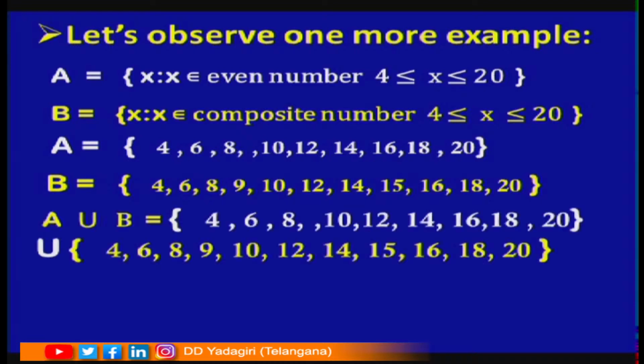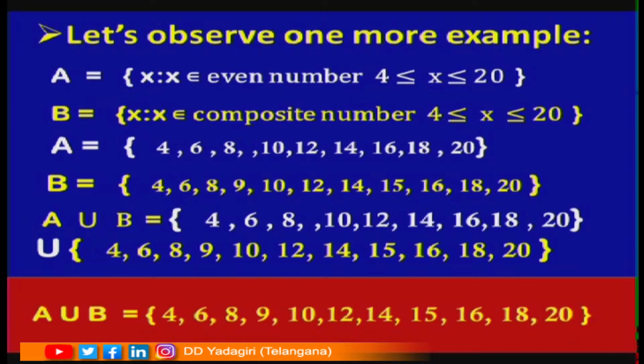Now, let us see A union B, where I am combining both sets. If you combine the elements, the repeated elements are not written a second time; they are taken one time only. A union B = {4, 6, 8, 9, 10, 12, 14, 15, 16, 18, 20}.